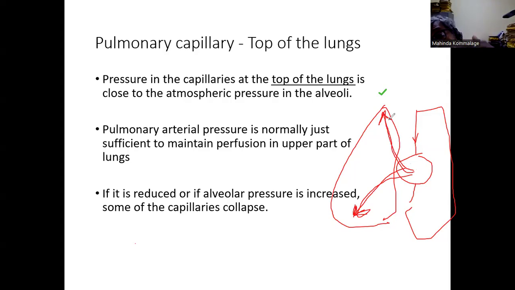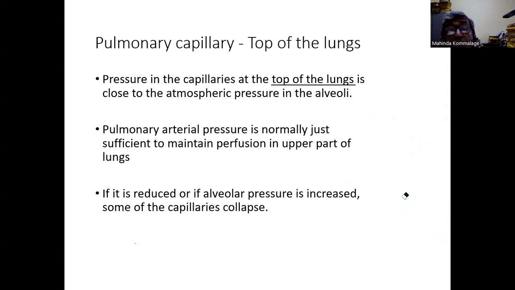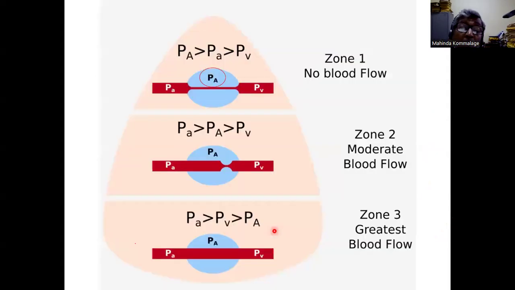So at the top of the lung, this hydrostatic pressure is even lower, and therefore blood flow to the top of the lung is difficult compared to the bottom of the lung, right? So that is very important, and some important things that we need to consider. Therefore, we get this type of thing.